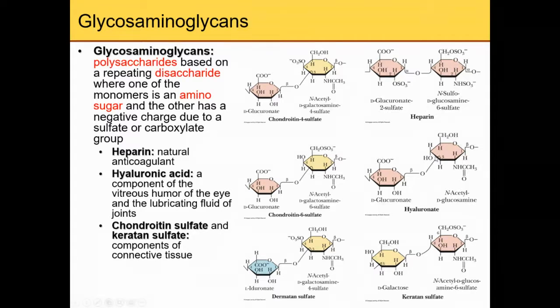And the hyaluronic acid, that's a component of the vitreous humor of the eye and the lubricating fluid of the joint here. And this is keratan sulfate, a component of connective tissue, right? So these are the glycosaminoglycans.